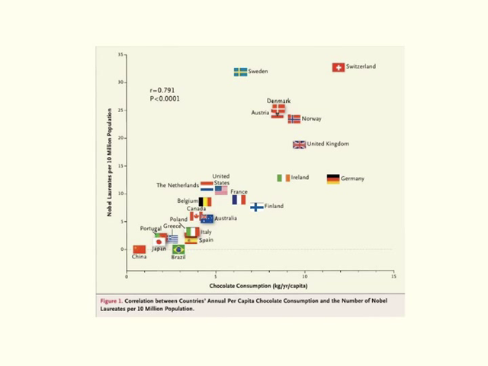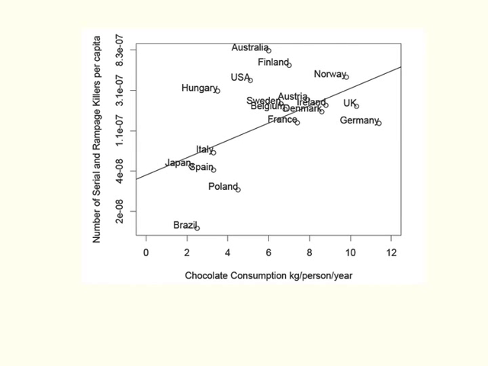And so this author is arguing that because of the beneficial physiological effects of chocolate, this results in better cognitive capacity among people in the country, and thereby more Nobel laureates. However, another set of researchers wanted to argue that chocolate consumption is not necessarily beneficial to society.